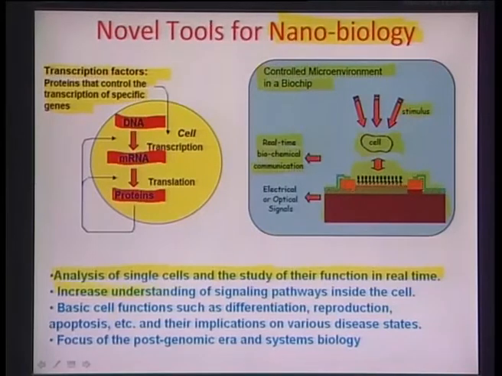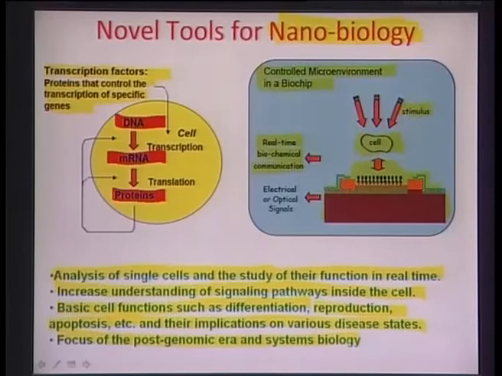There can be an increased understanding of the signaling pathways inside the cell, some of which we have been mentioning off and on. Basic cell functions, such as how cells differentiate in the presence or absence of their own types around them, the way they reproduce, the way they undergo apoptosis or die after a certain time, and their implications on various disease states, can be understood on a very molecular level. And essentially the focus of the post genomic area and systems biology, some of these newly emerging fields, is in this area more often.